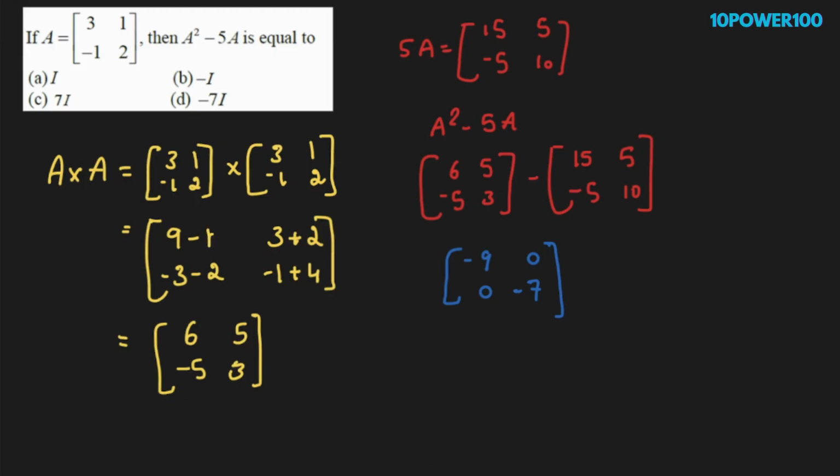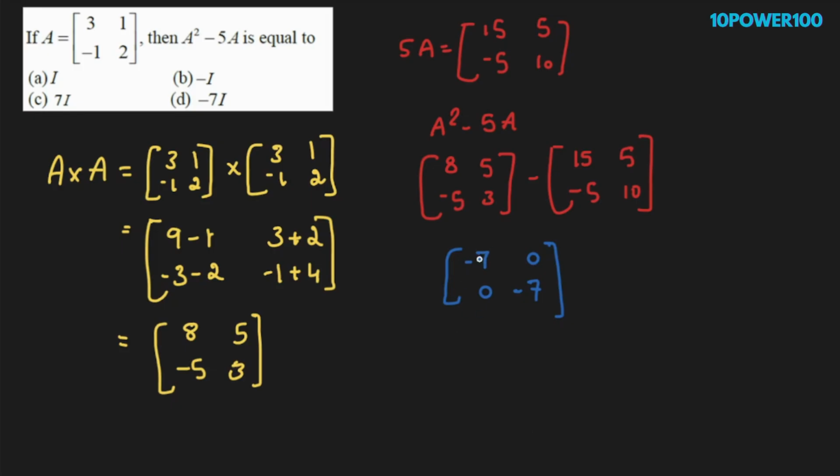So 9 minus 1 is 8. And next, if you replace 8 here, what is 8 minus 15? 8 minus 15 is minus 7.